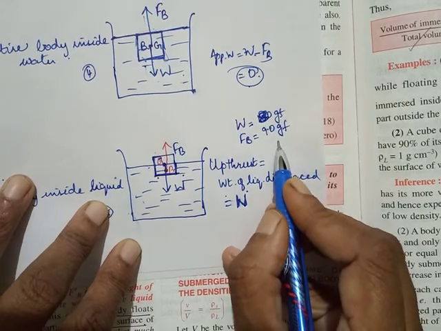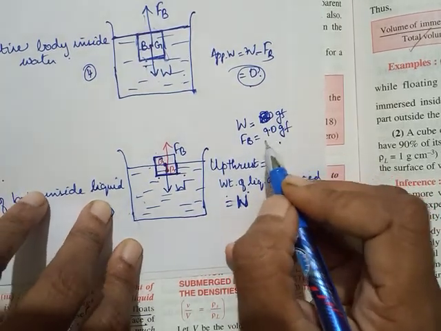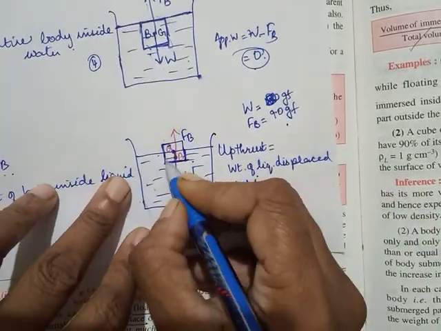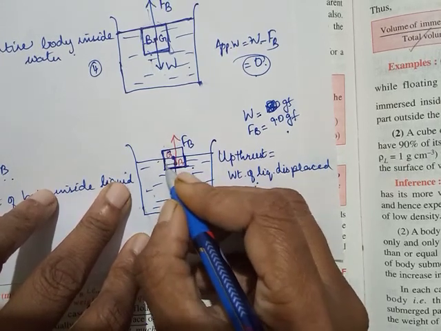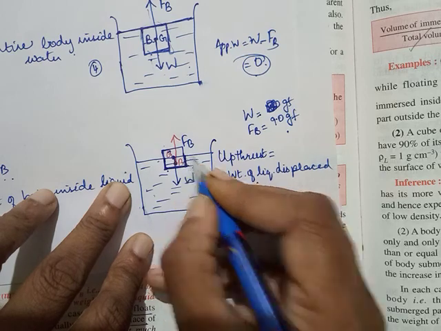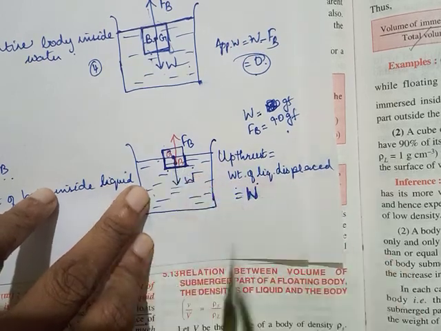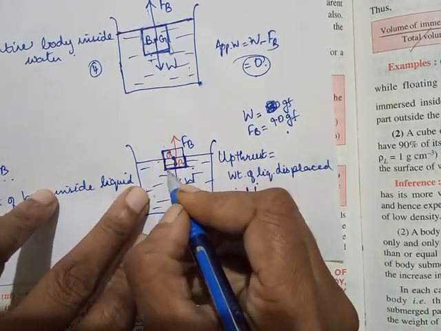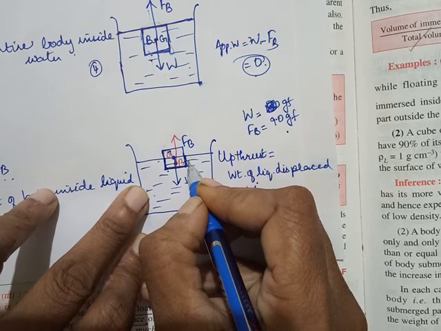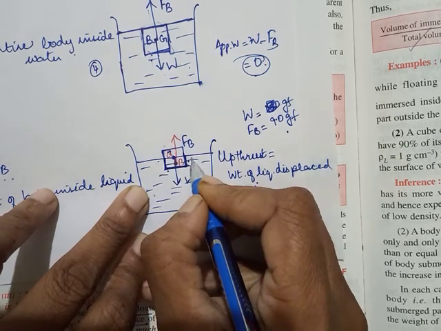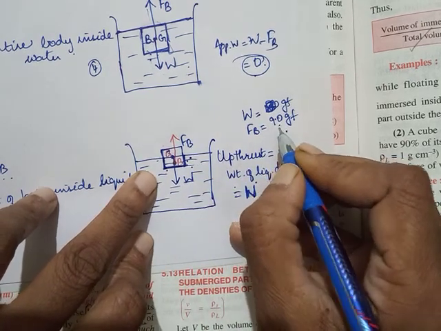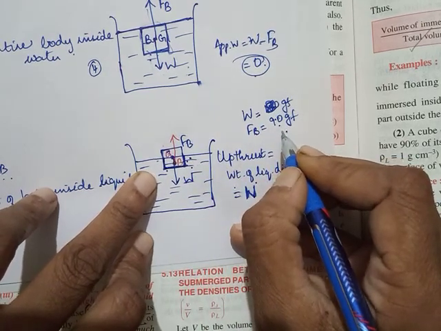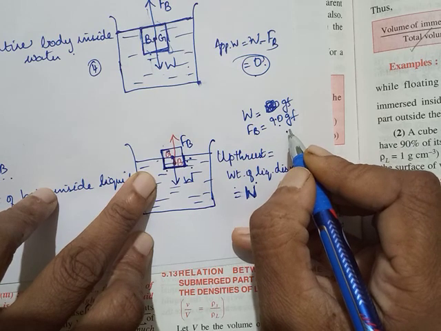So it will float. How much volume will be inside water is decided by this concept: it will submerge to such an extent that it displaces water equal to the weight of the liquid displaced.